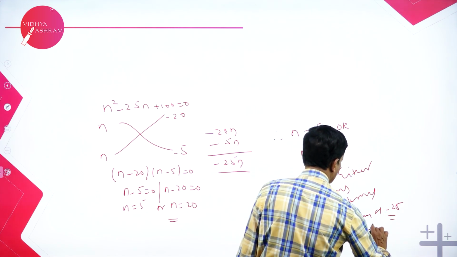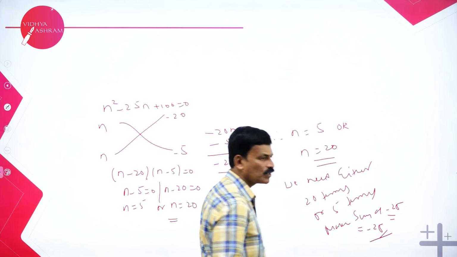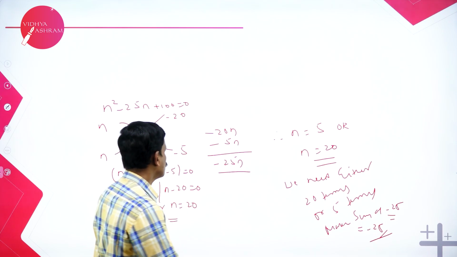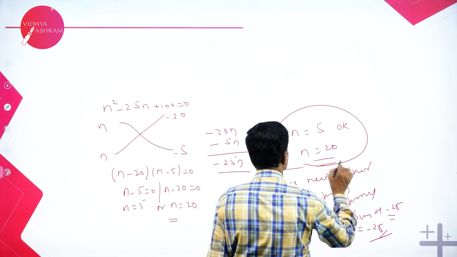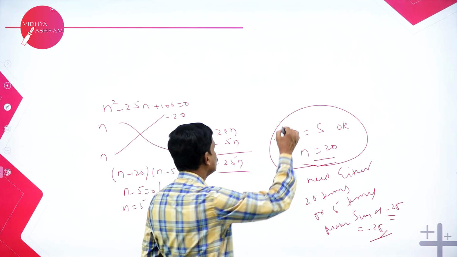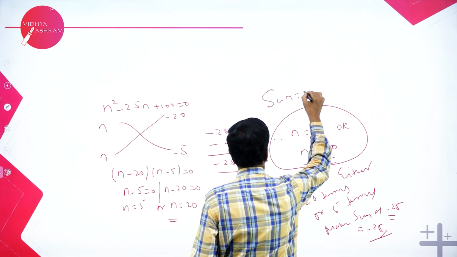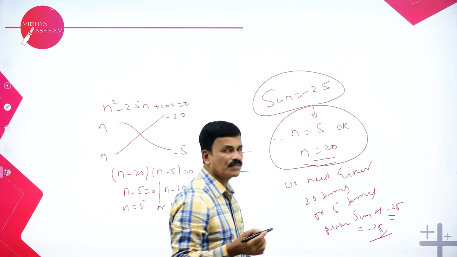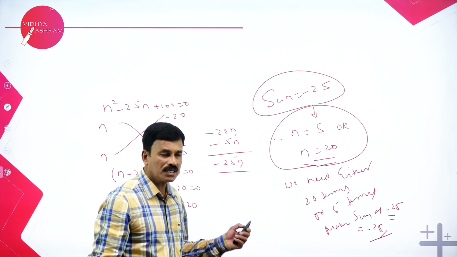So what is n? n is equal to 5 or 20. To get the sum as minus 25, how many values of n are required? Either 5 or 20. Now move on to the next problem.